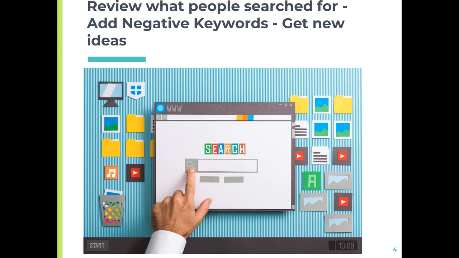You also want to make it a habit to continually add negative keywords. Negative keywords are words you don't want your ads to show for. For example, if you're a community that does not offer all utilities included, you want to add that as a negative keyword. That way you're not spending your ad dollars on something that you don't offer.